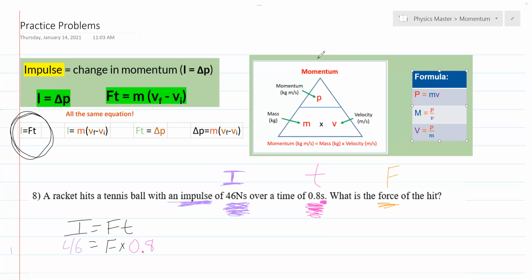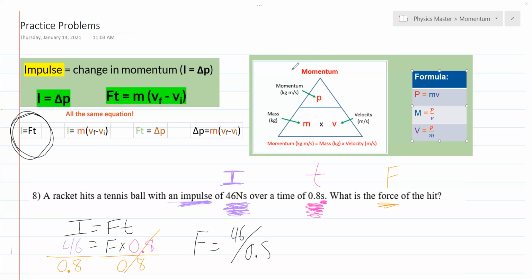I want F by itself, so I'm going to divide by the 0.8. 0.8 divided by 0.8 looks like a 1, so it cancels out. If I do it to one side, I have to do it to the other side. 46 divided by 0.8, so that leaves F on this side by itself. F is equal to 46 divided by 0.8.